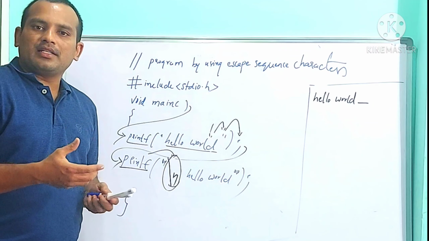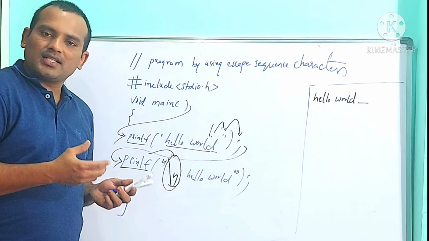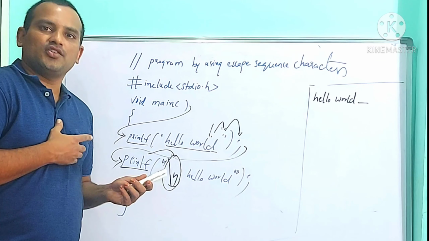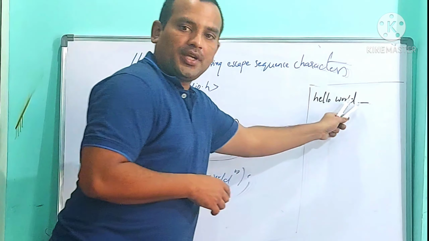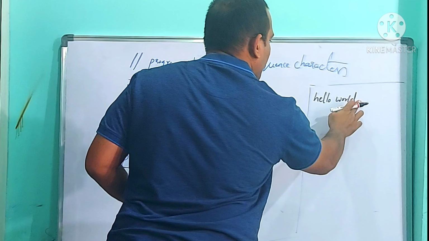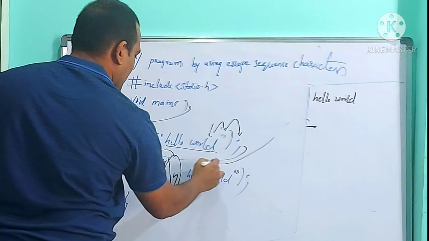When the runner reads /n, it knows the meaning of /n. So it understands that it needs to go to the output screen, move the cursor from here and place it at the start of the next line. And after placing, it comes again here.